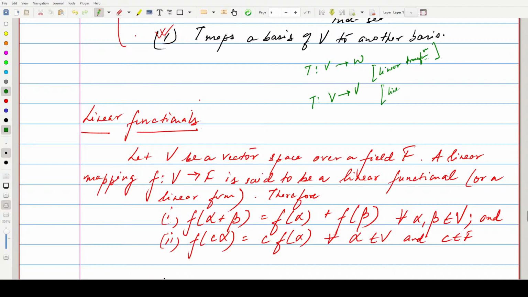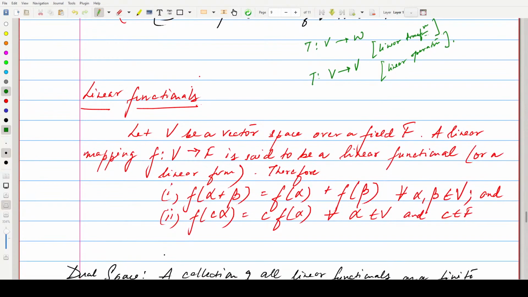It's a linear operator, right? So now we're going to cut some sort of transformation, which essentially gives us a map from F to a field, and that's supposed to be called a linear functional, right?